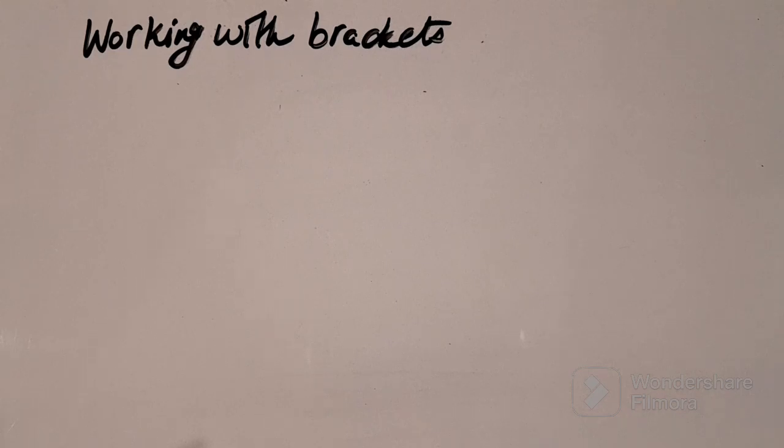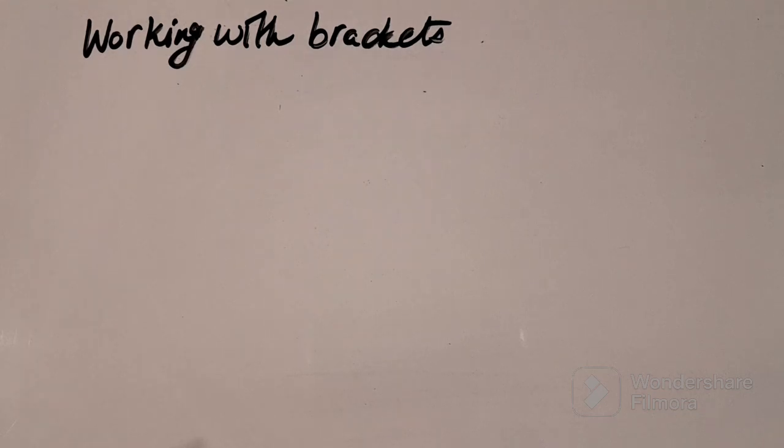Removing the brackets is also called expanding the expression. To remove the brackets, you multiply each term inside the bracket by the number or variables outside the bracket. When you do this, you need to pay attention to the positive and negative signs in front of the terms.